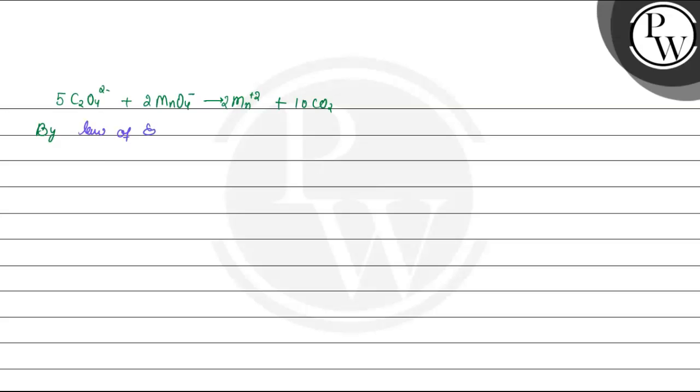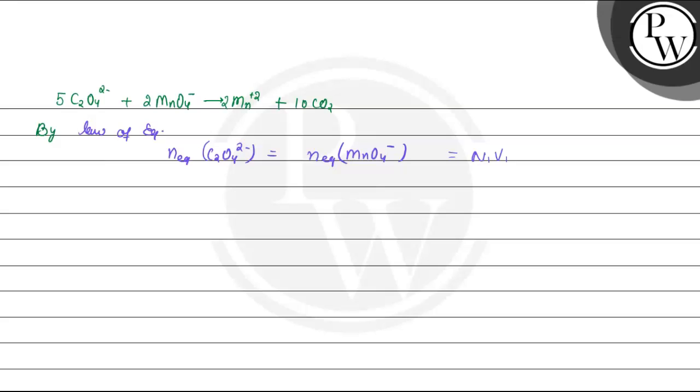By the law of equivalence, we know that the number of equivalents of C2O4 2 minus is equal to the number of equivalents of MnO4 minus, and this is equal to N1 V1.